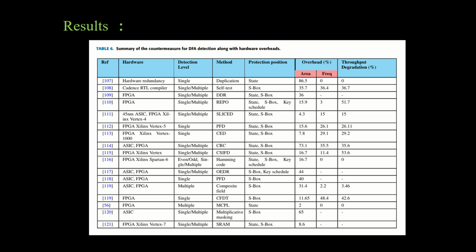These methods provides high security with minimal overhead, and the other methods like example hardware redundancy have high area overhead but offer strong protection. So this was the summary of the result obtained.